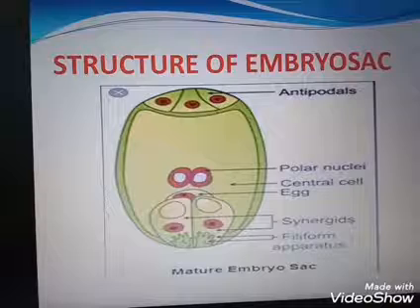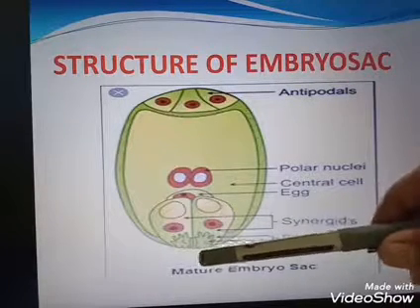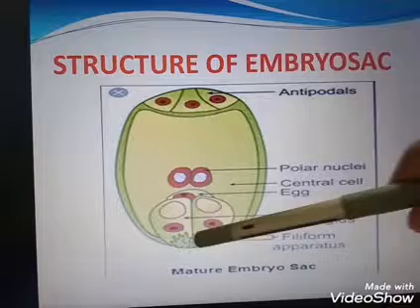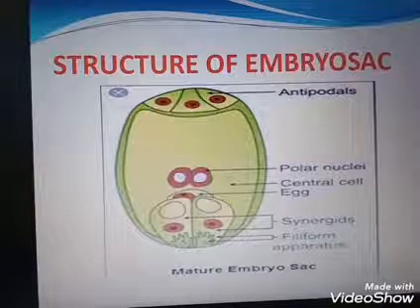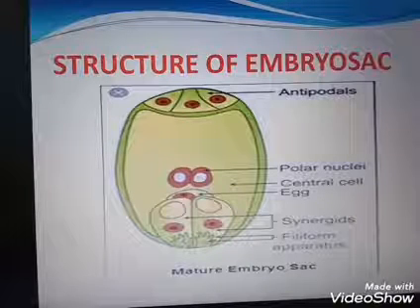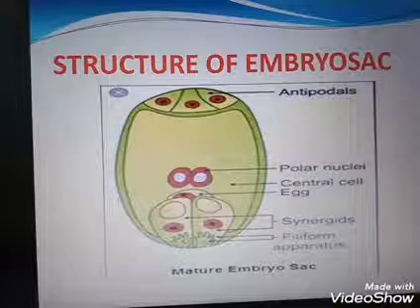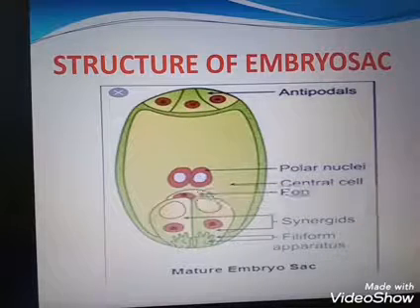Listen, this end is the micropyle end. Opposite to the micropyle end is the chalaza. So one end is the micropyle end and the other end is the chalaza. Here you can see the central egg cell.